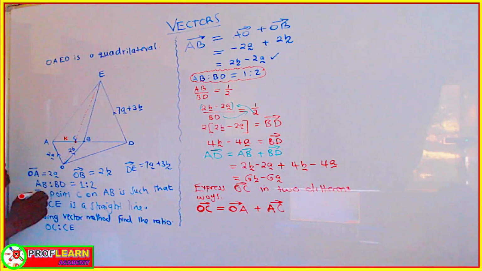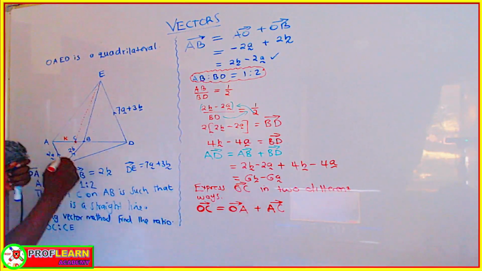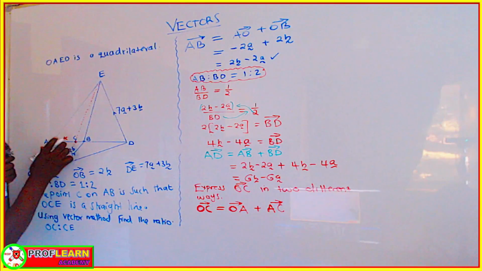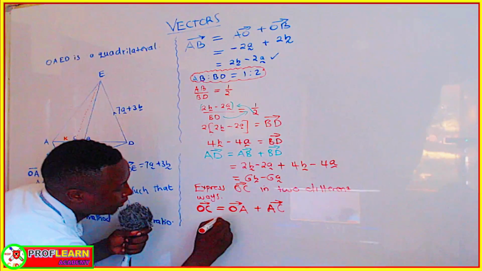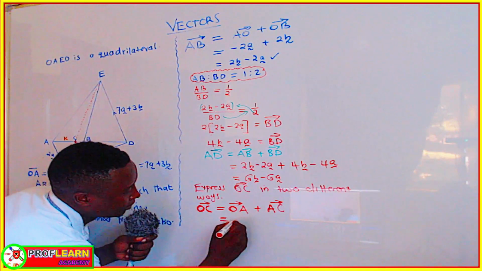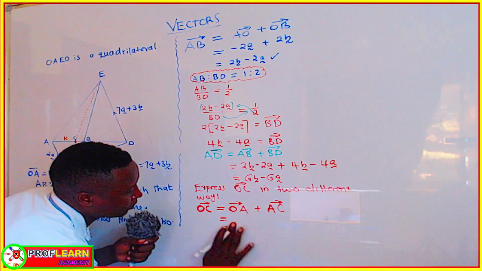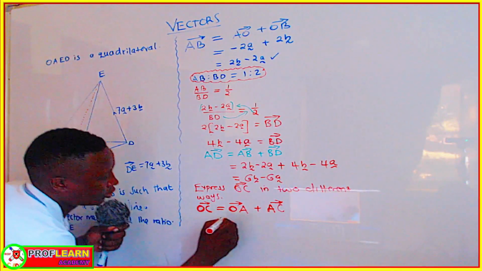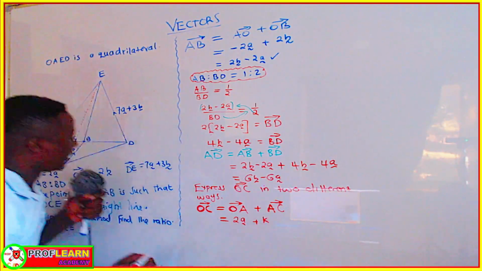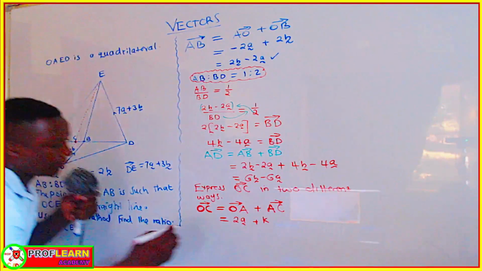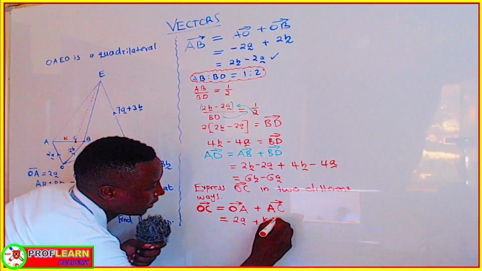But in this case, our AC is going to be K of AD. So we can say, therefore, this can be given as OA, our OA is 2 vector A, plus K of AD.